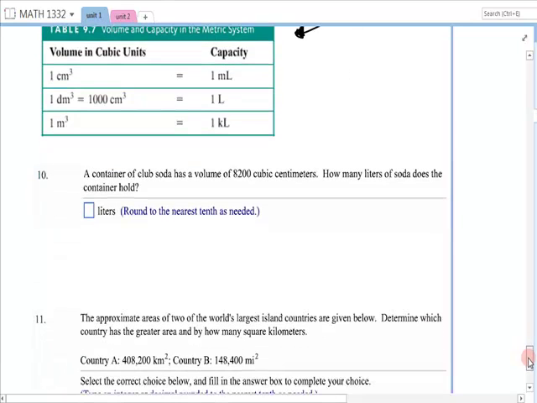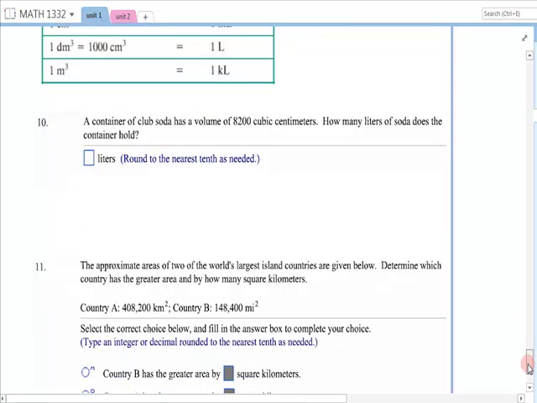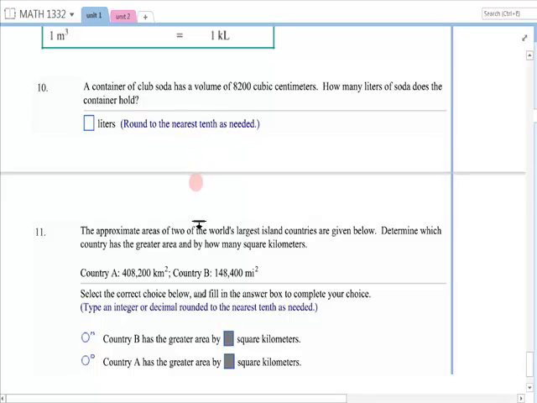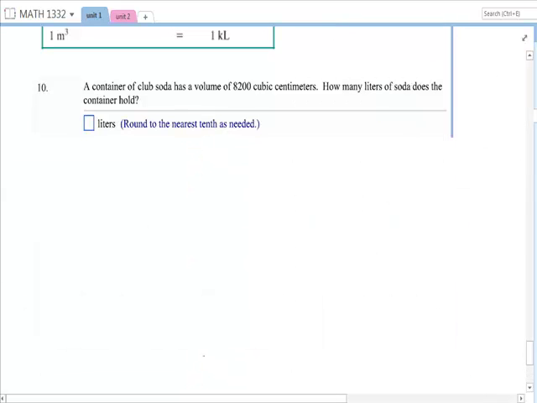Let me see if I can find the problem that I needed that. Yeah, let's look at number 10. This may be our last problem. It says, a container of club soda has a volume of 8,200 cubic centimeters.